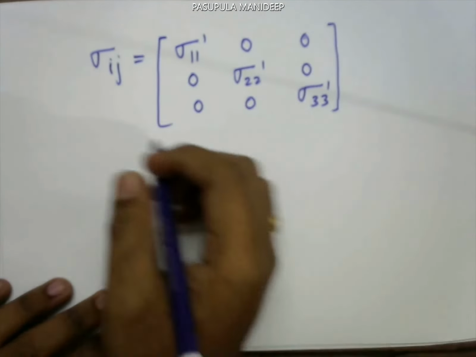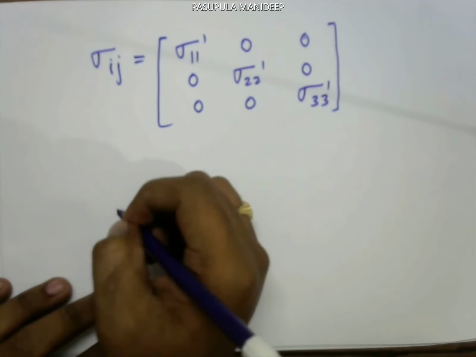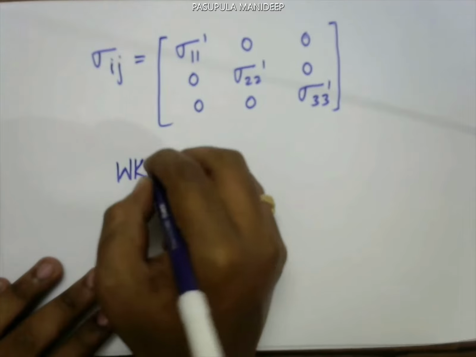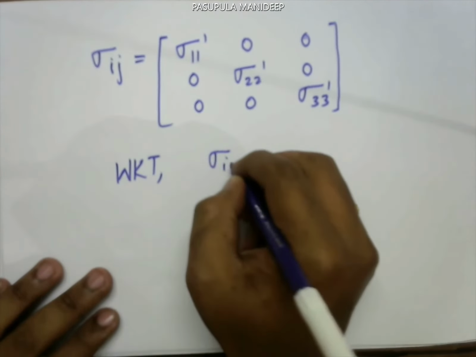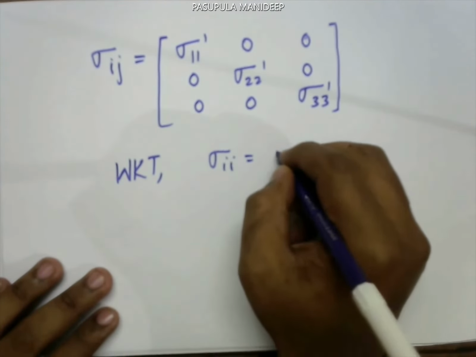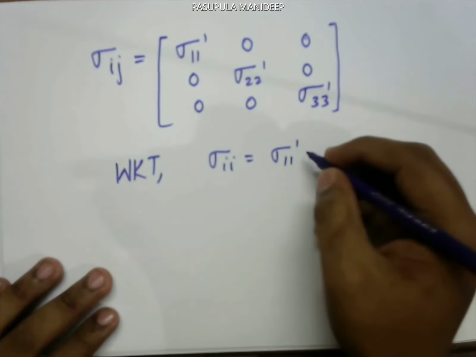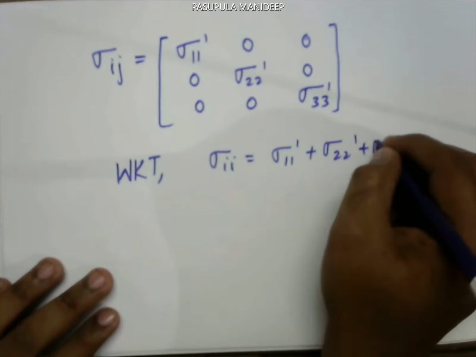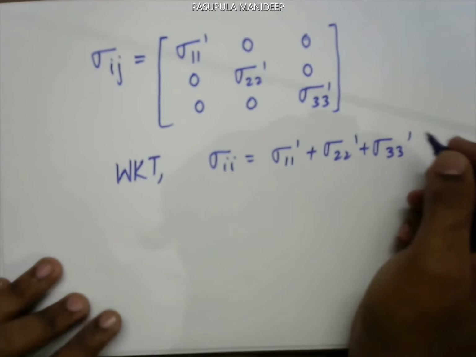Now we already know that sigma ii equals sigma 11 prime plus sigma 22 prime plus sigma 33 prime.